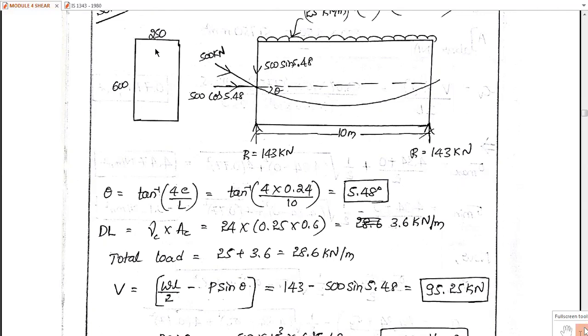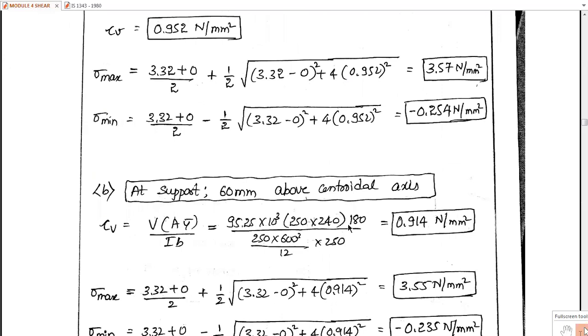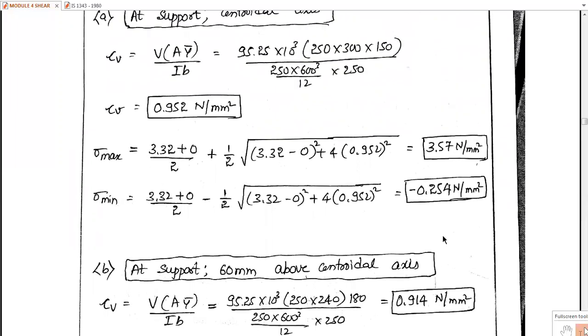The distance between that and the neutral axis will be 240 by 2 plus 60 mm. Calculated here, it will be 180 mm. How did the 180 mm come? It is 240 by 2 plus 60 mm, divided by I into B. So we find the shear stress as 0.914 Newton per mm square.